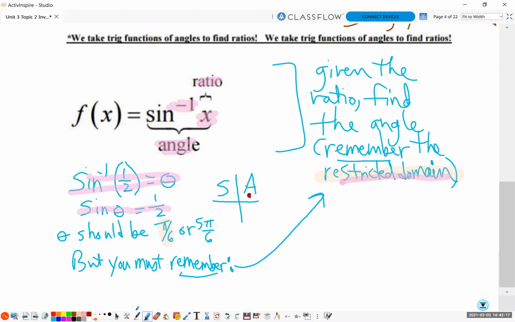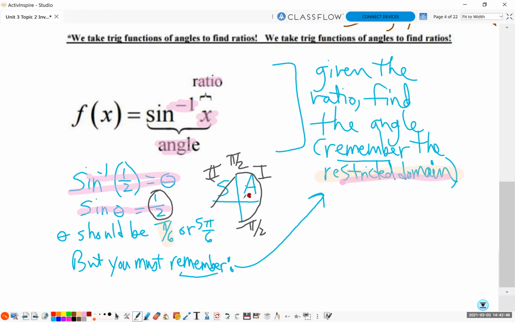Well, I look at 1/2 and I say to myself, that's a positive value. Where is sine positive? Well, sine is positive in both quadrant 1 and quadrant 2. But I told you that in terms of our sine function, it is only valid between negative pi over 2 and pi over 2.